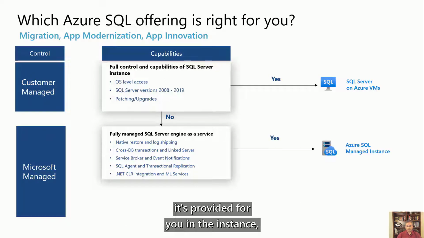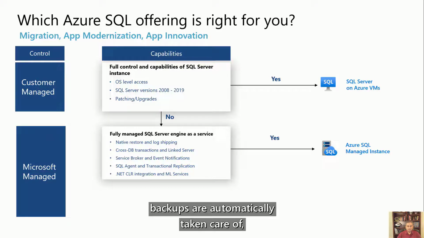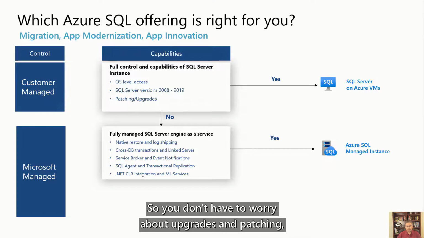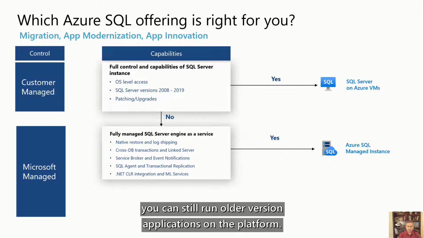It's provided for you in the instance, but the instance itself is fully managed for you. What that means is HA is automatically taken care of, backups are automatically taken care of. It runs the latest version, as I mentioned, so you don't have to worry about upgrades and patching. And we support backward compatibility all the way to 2008. So even though you're running the latest SQL Server, you can still run older version applications on the platform.